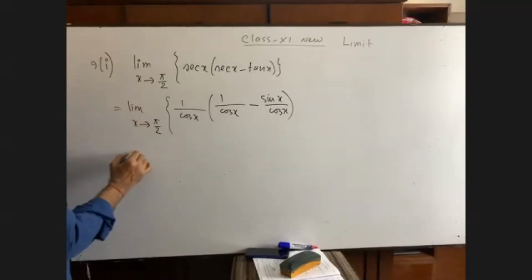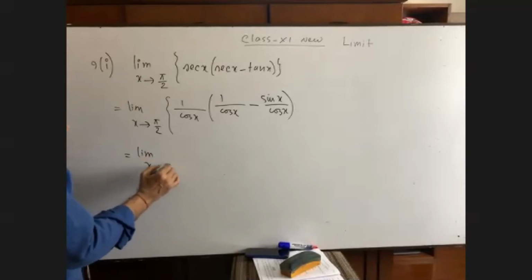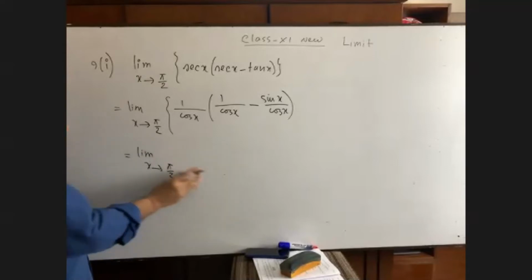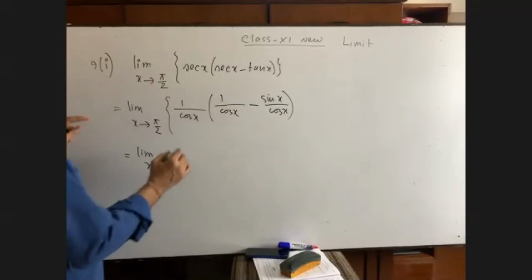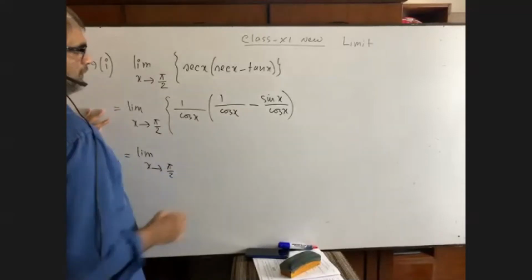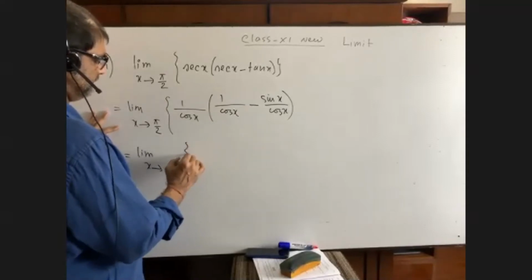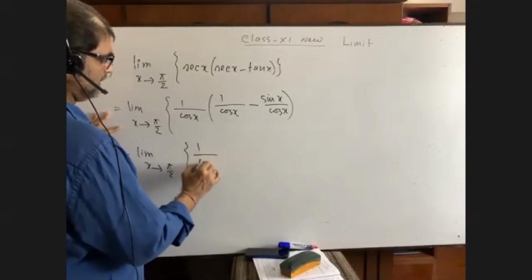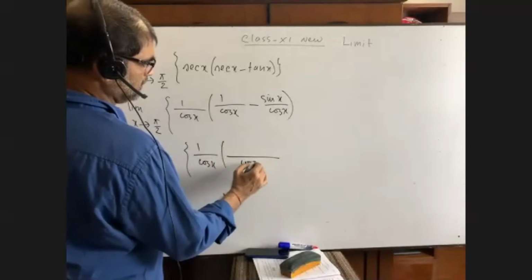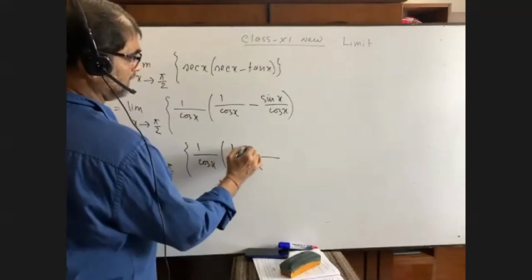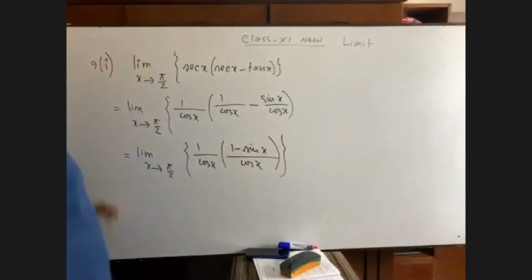Now we are getting limit x tends to pi by 2. Then let me know what will be here. One by cosine x minus sin x by cosine x. Take the LCM of cosine x: 1 minus sin x. Very easy and simple calculation.